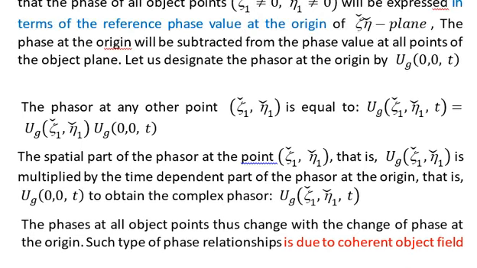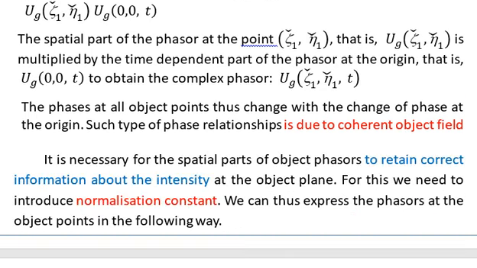So we have described that we can write down the complex phasor at the object plane using the spatial part of the phasor at that point multiplied by the phase reference with respect to the origin, that is the temporal part of the phasor taken from the origin. The phases at all object points thus change with the change of phase at the origin.